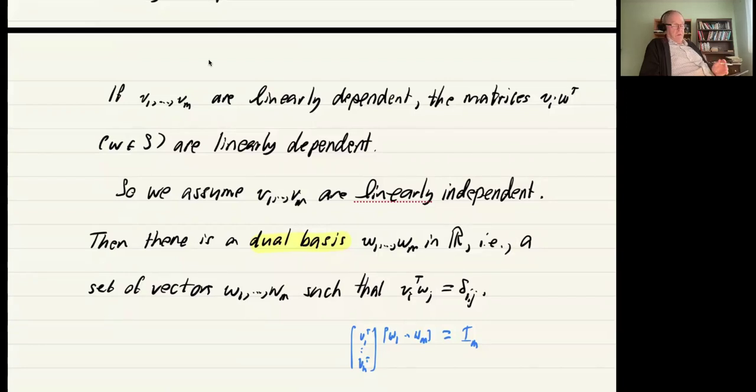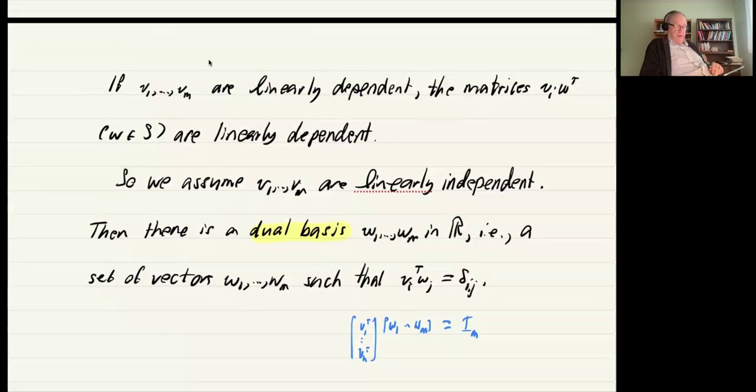So any set of m linearly independent vectors has a dual basis. In a certain sense, sometimes the nicest way of proving that some vectors are linearly independent is to prove that they actually have a dual basis. But we don't really need to know that. So a dual basis is a set of vectors that satisfies that.